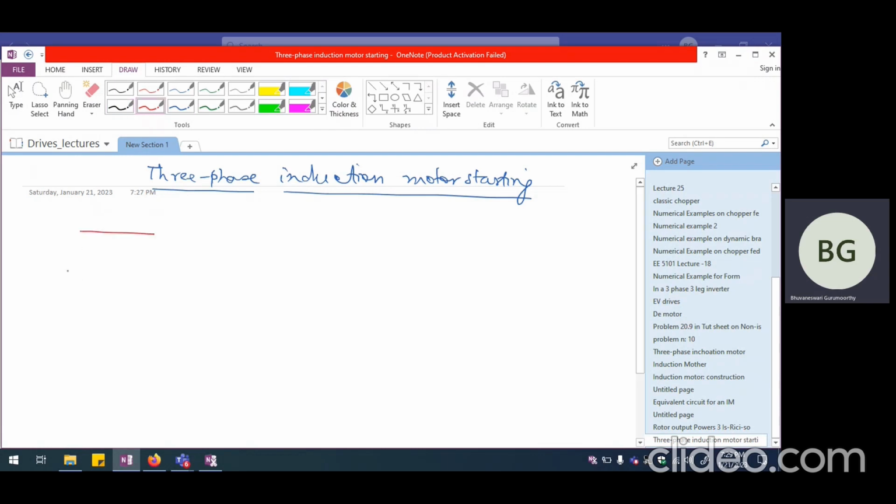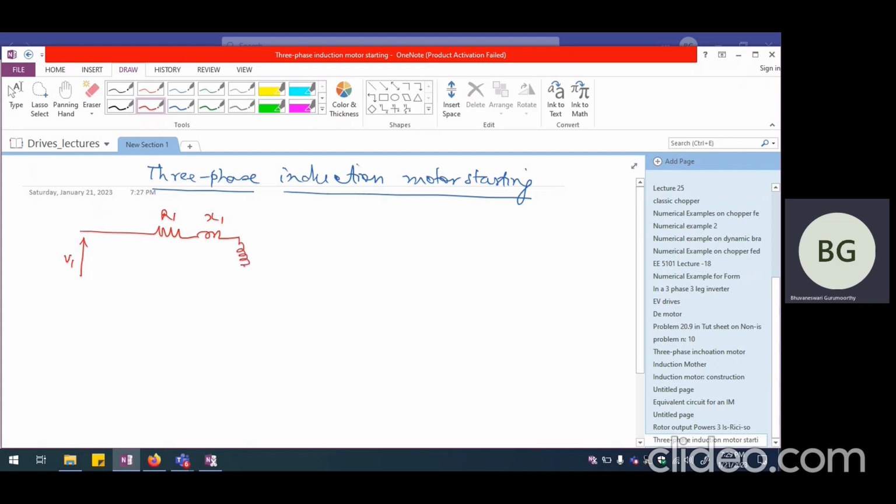So let us say the per phase equivalent circuit is somewhat like this. We are going to have V1 applied from the stator side, and this is going to be R1, and this is X1, which are the stator winding resistance and leakage reactance.